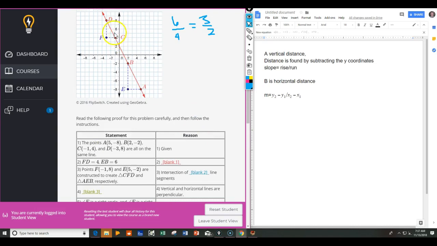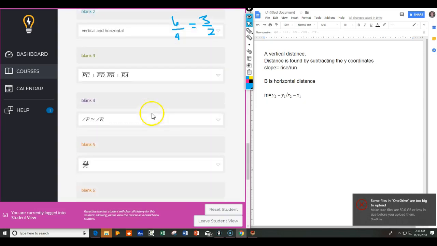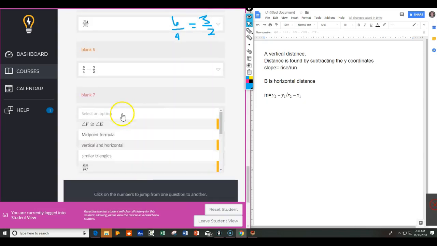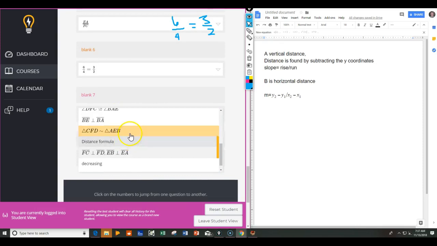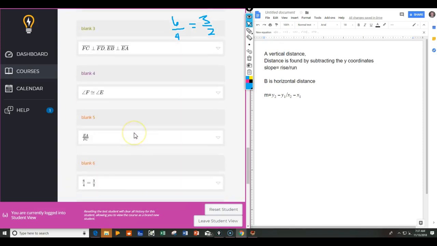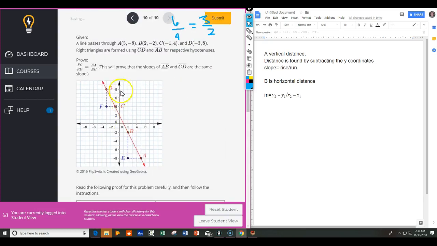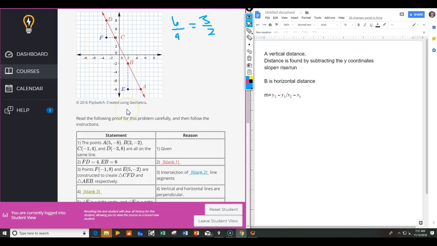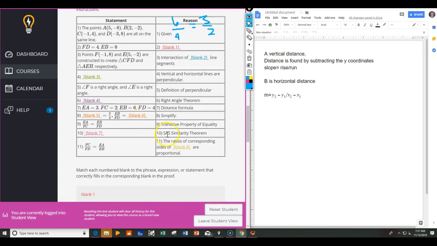So I'm looking for a triangle BEA is similar to triangle DFC. Triangle CFD. Alright, so we have those two now. So then the ratios of corresponding sides of blank are proportional.